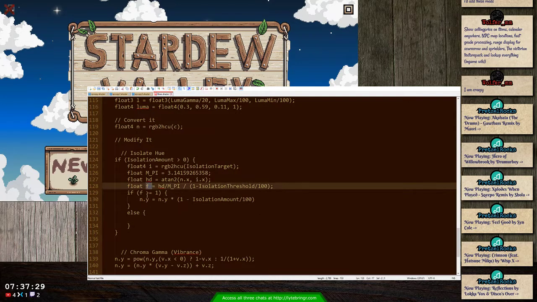This fraction. Roughly. Is that accurate? Yeah, so really we just need to clamp this at 1. GLSL clamp.